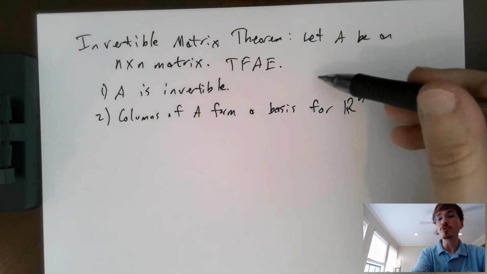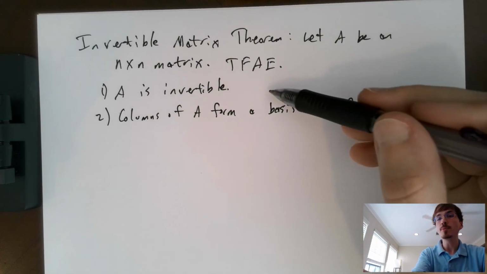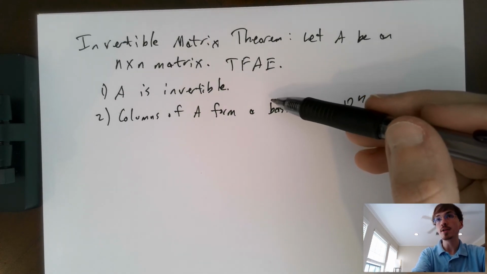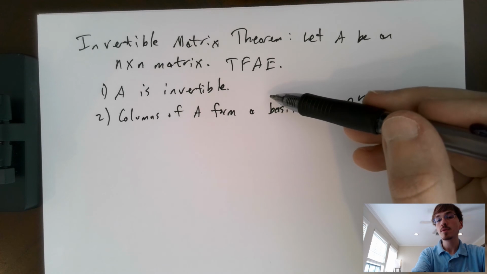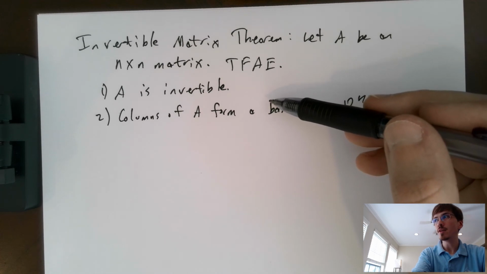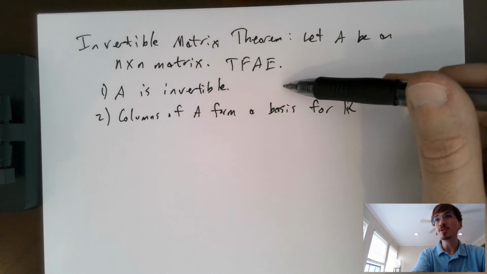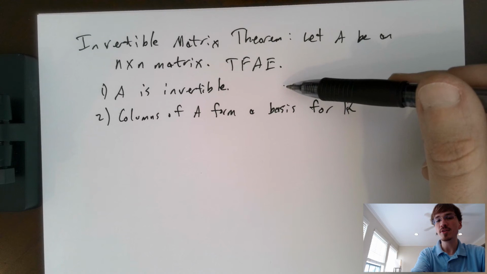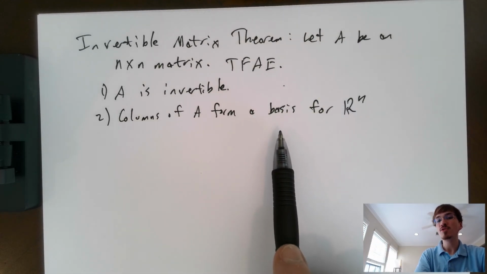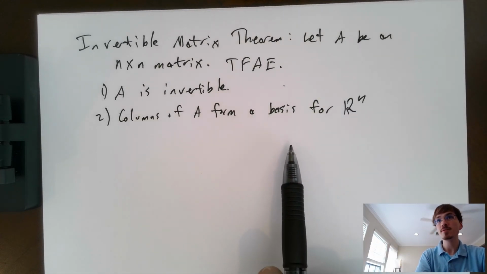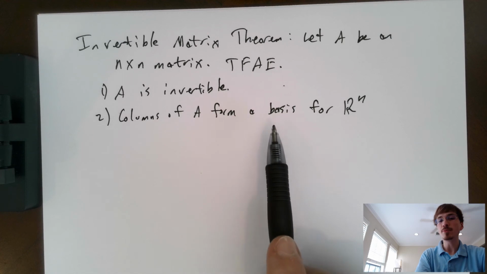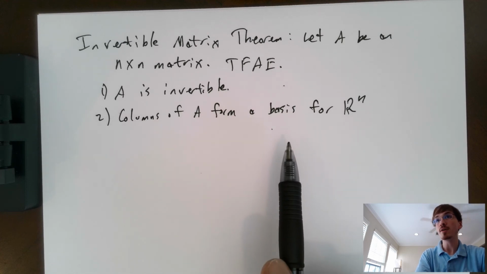If we're invertible, remember that the columns must span Rn. Well, if the columns span Rn, and if it's invertible, we also know that the columns are linearly independent, right? So if the columns of your matrix span Rn and they're linearly independent, then they must form a basis for Rn, right? Just combining those two properties gives us this new property of invertible matrices.